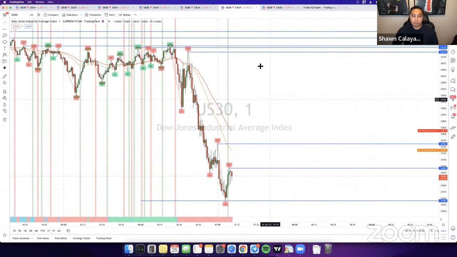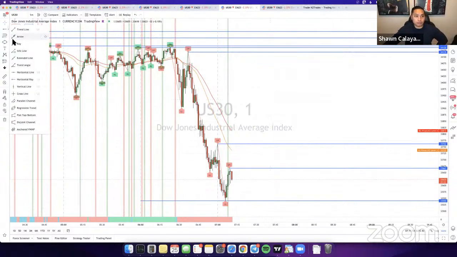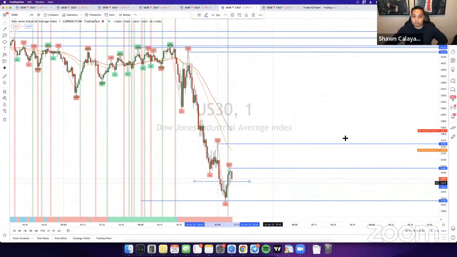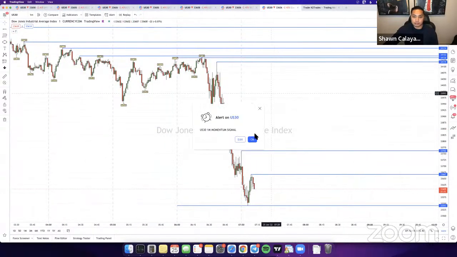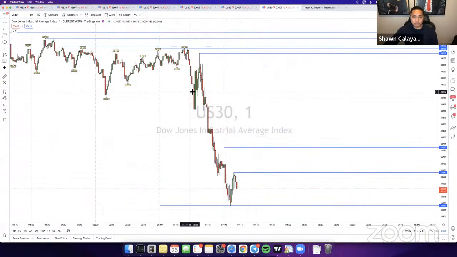All right, so as you guys can see, price is now consolidating within this area right here. Market opened here at about 6:30.